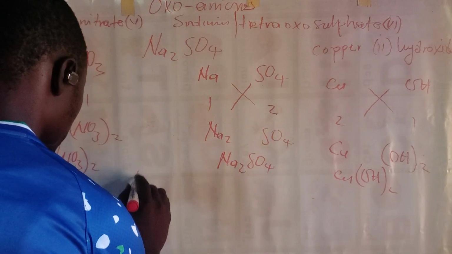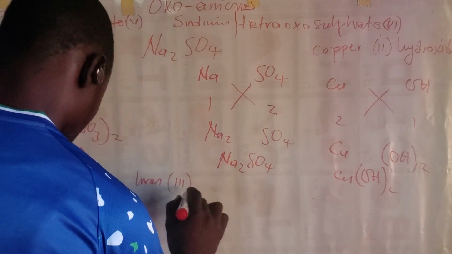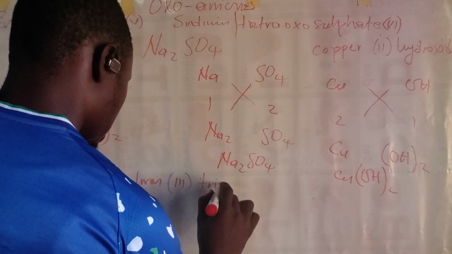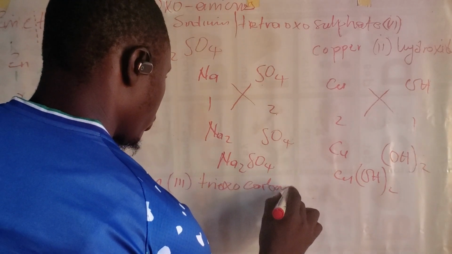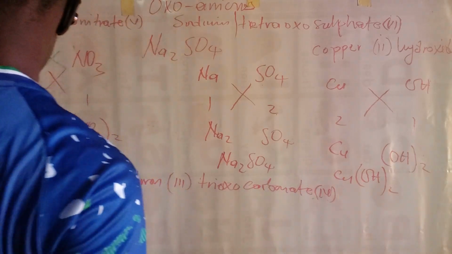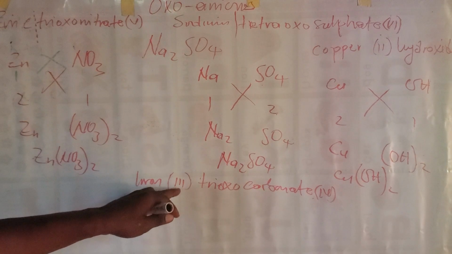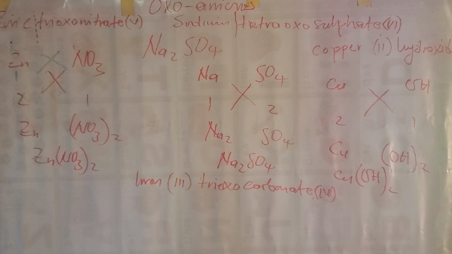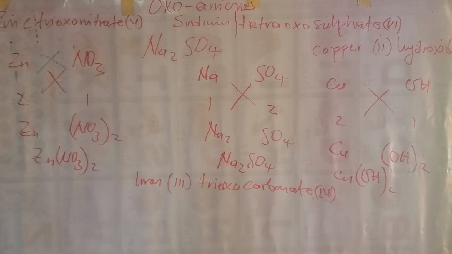So we have iron 3 trioxocarbonate 4. In this case, this number also represents the valency of the iron.